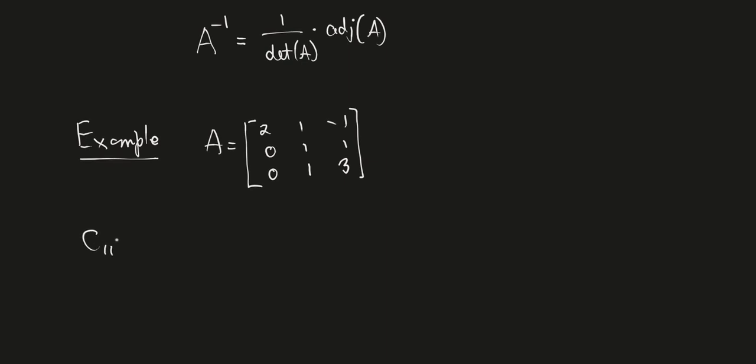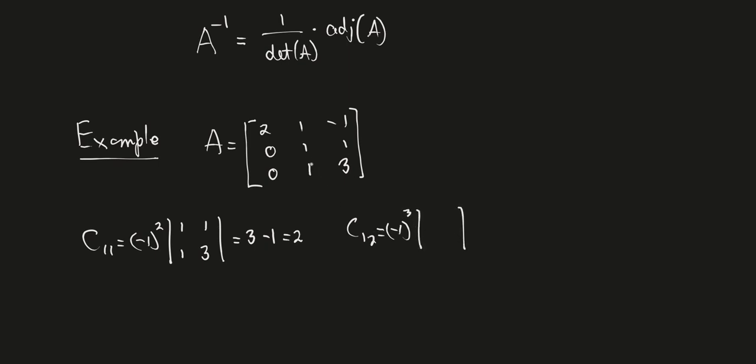So C11, that's -1 squared times the minor of 1, 1, 1, 3. So that ends up being, let's see, 3 minus 1, so that's 2. And then C12, that's -1 to the 3rd power, times the C12 minor, which is 0, 1, 0, 3.